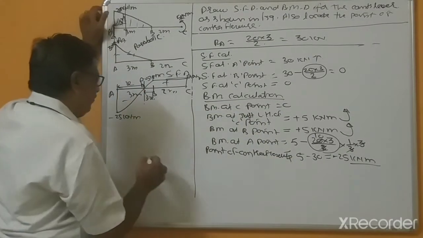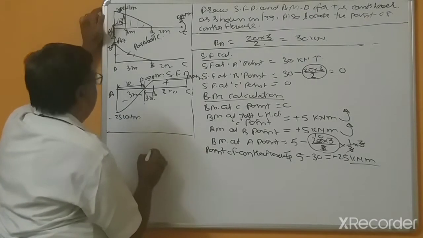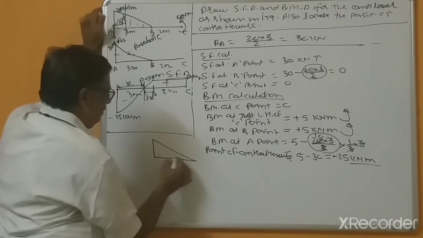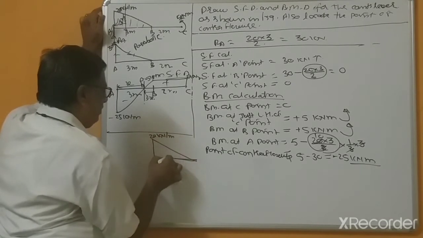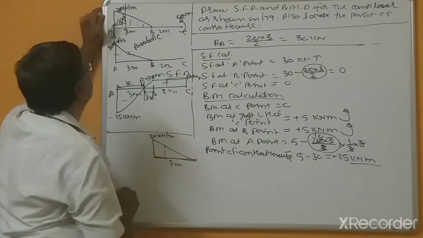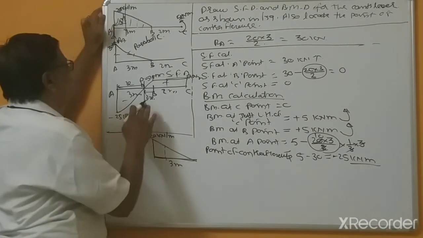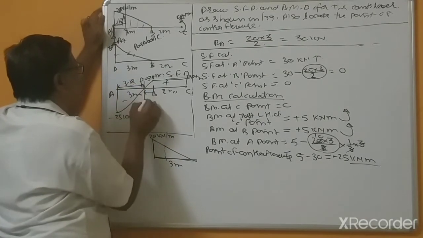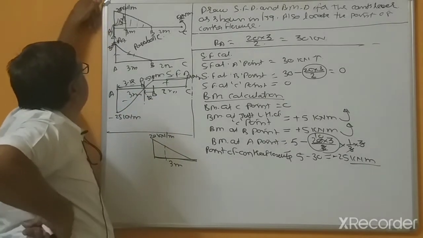Here in the figure, this is 3 meter, 20 kilonewton per meter, and suppose we'll consider this is 3 minus x and this is x.